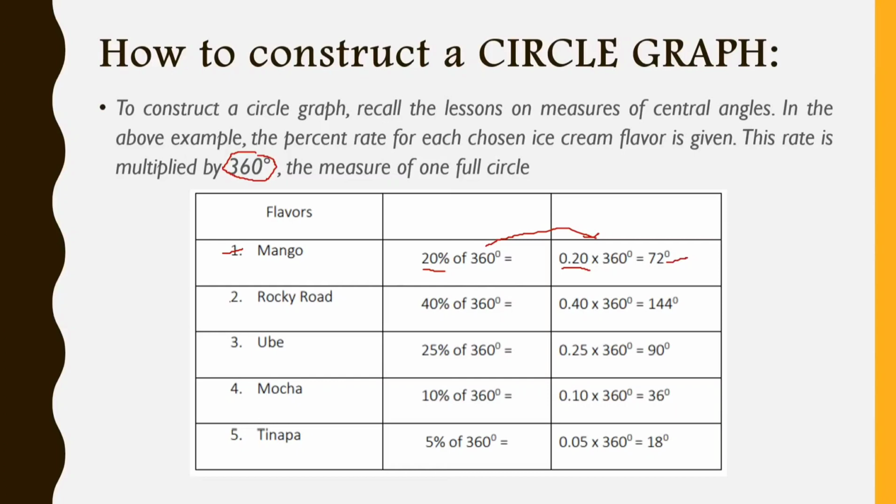The second flavor is Rocky Road, and it is 40%. Again, 40% is equivalent to 0.40, and when we multiply it by 360 degrees, the result is 144. We do that with the other flavors, ube, mocha, and tinapa. And if we get the total of that, it must be equal to 360 degrees.